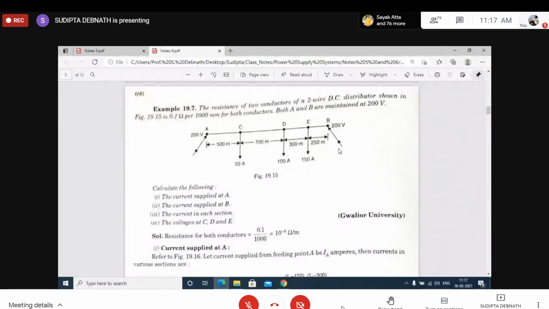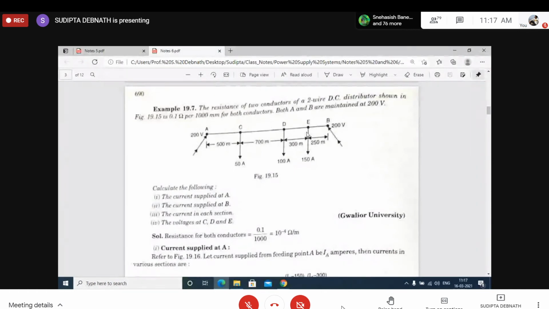So another equation, how will you get? You have to find the voltage drop. See over here, what is the current here? Current here is IA. What is the current here? IA minus 50. What is the current here? IA minus 150. What is the current here? IA minus 300. You consider current in one direction only.